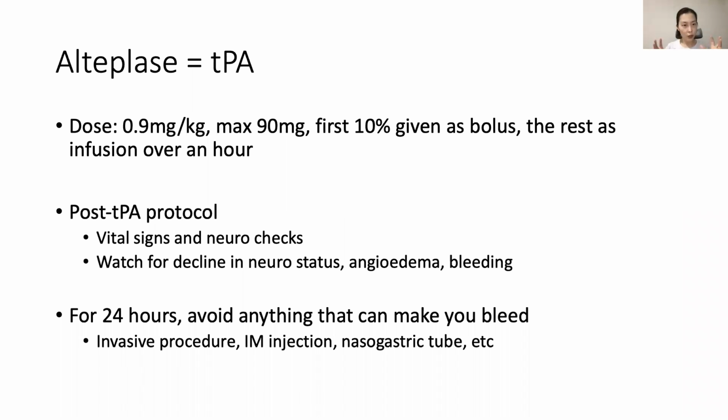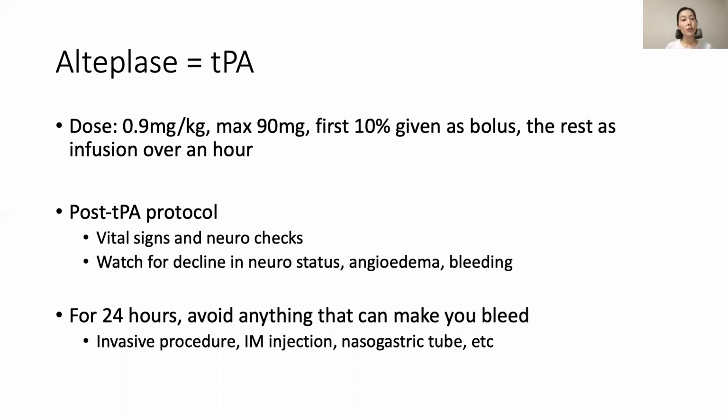And then there's a very strict post-TPA protocol, which is an order set. Basically, we check vital signs and neurochecks very frequently. It's every 15 minutes for the first 2 hours, and then every 30 minutes for the next 6 hours, and then every hour for the next 16 hours.